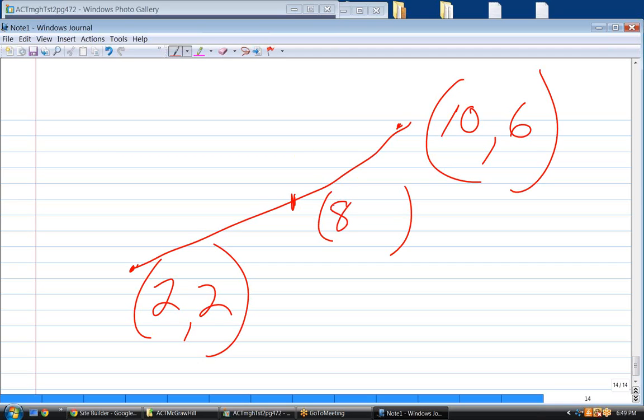No. If I put an 8 there, 8 is not halfway between 2 and 10. When you put an answer down, always in your head be checking it to see that it makes sense. Don't just put an answer down and hope that it's right. We know that this thing has to be halfway between 2 and 10. So I don't mind you guessing at answers, but after you guess, check to see if it's right.